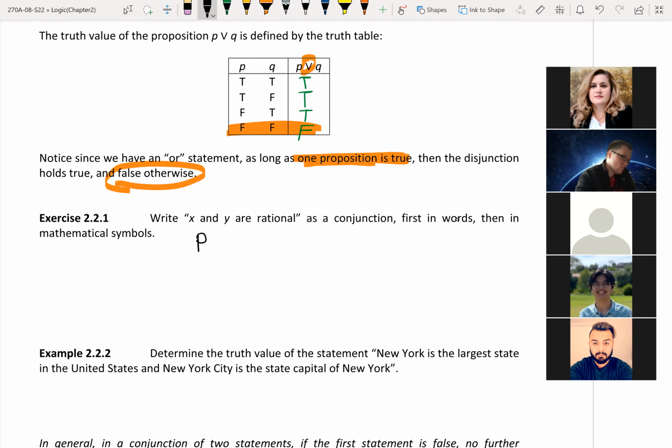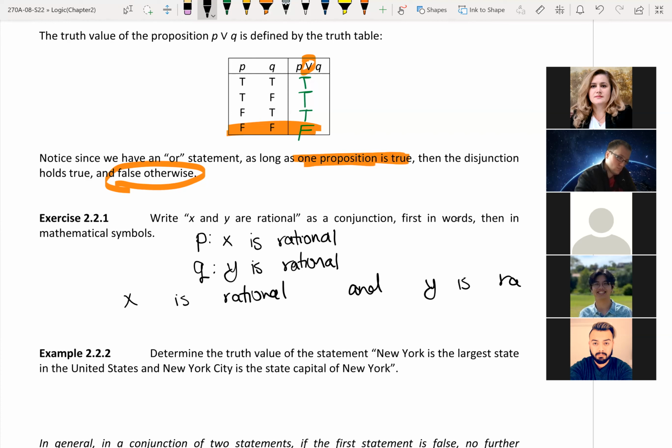So P statement: X is rational. Q statement: Y is rational. So your statement says X is rational and Y is rational. Do you agree? When we say X and Y are rational, it means X is rational and Y is rational.